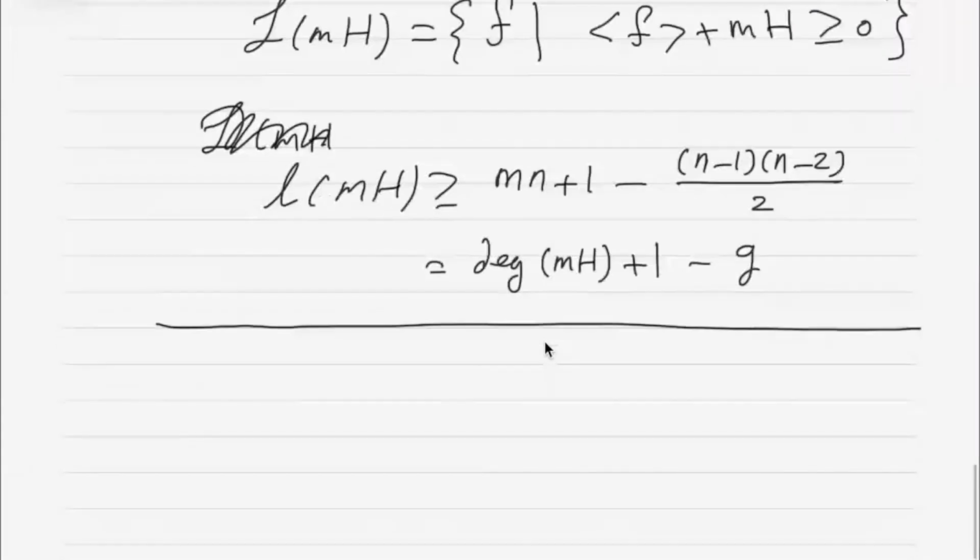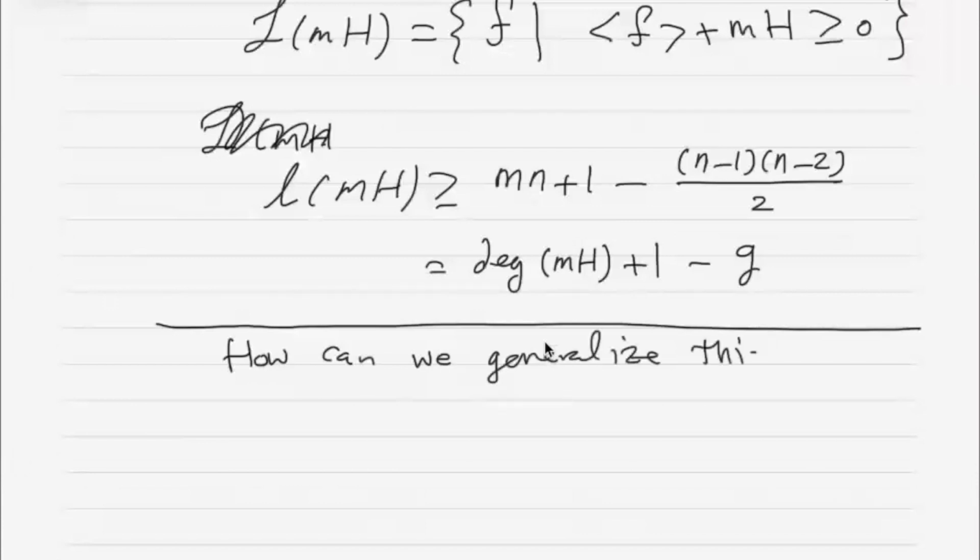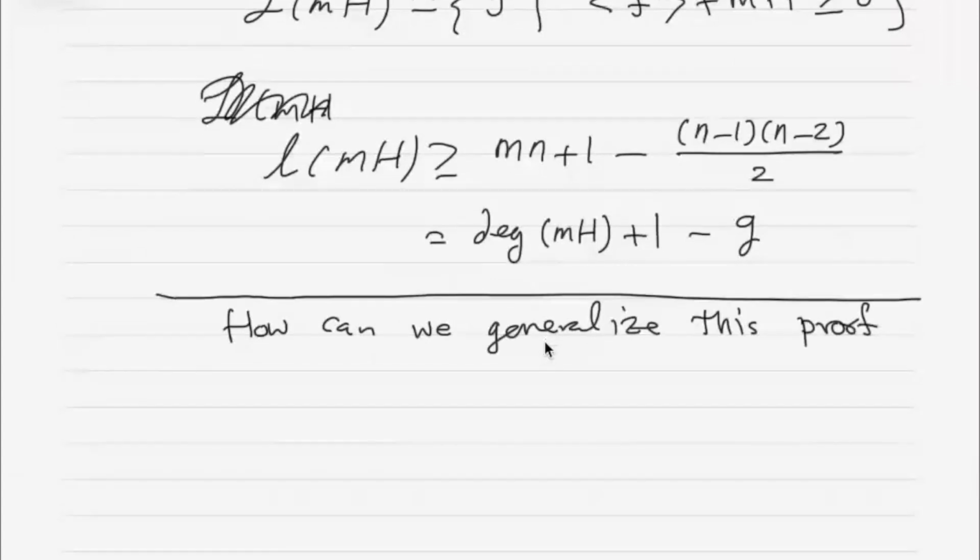So how can we generalize this proof to work for any divisor?